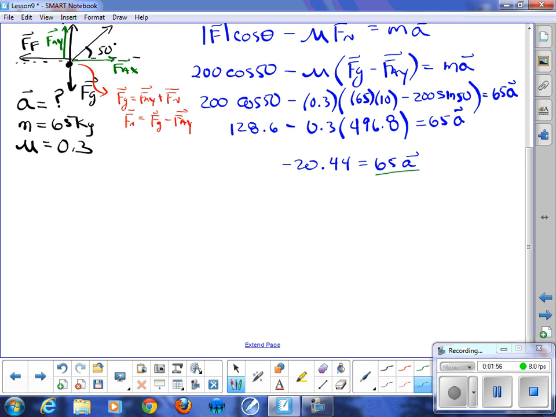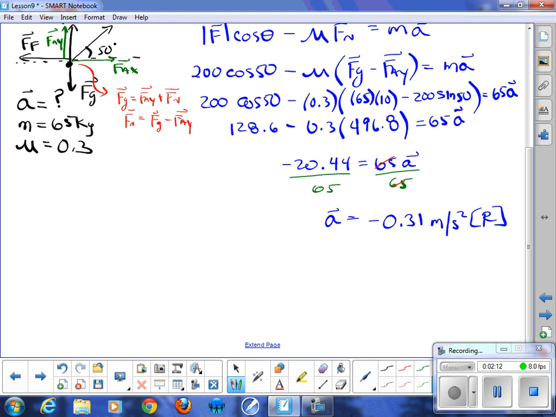Divide both sides by 65. And what we end up with is negative, so acceleration is negative 0.31 meters per second squared, and my direction originally was right.